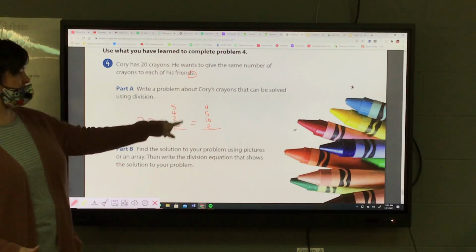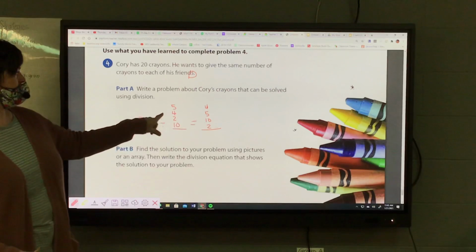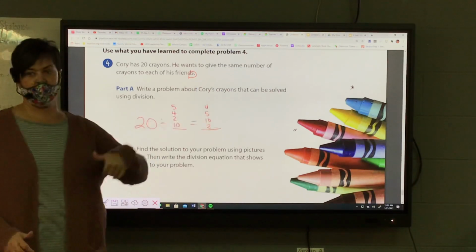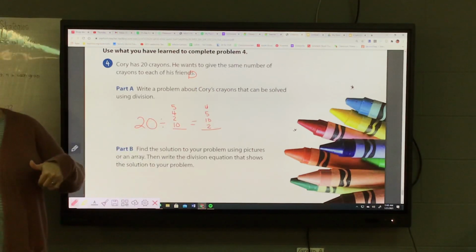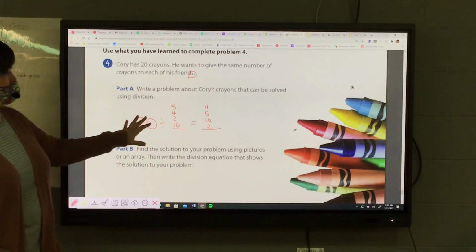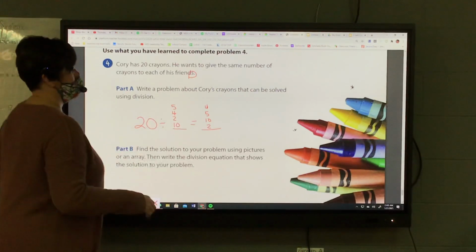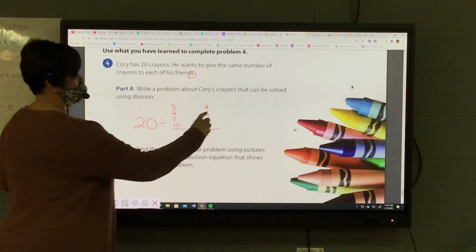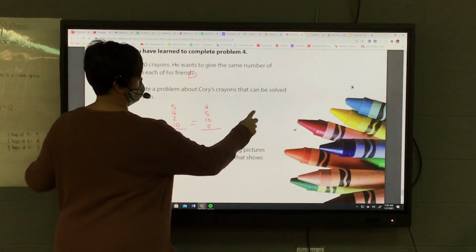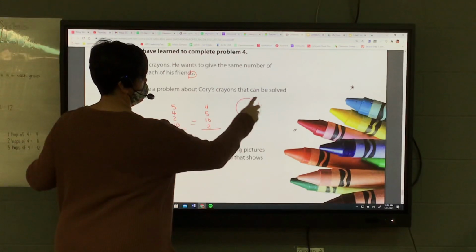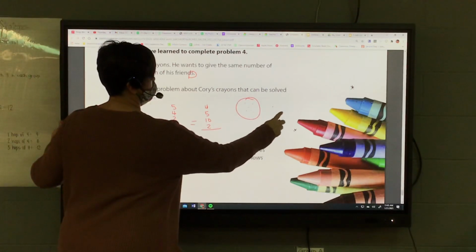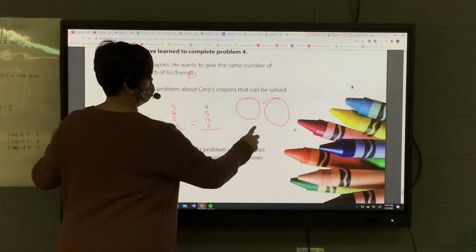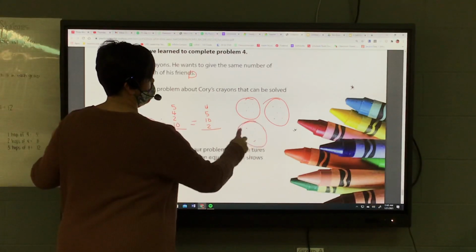He's giving the same number of crayons to each of his friends. All right, so if you have 20 divided by, let's say, 5. There's 5 crayons there, 5 crayons there, 5 there.